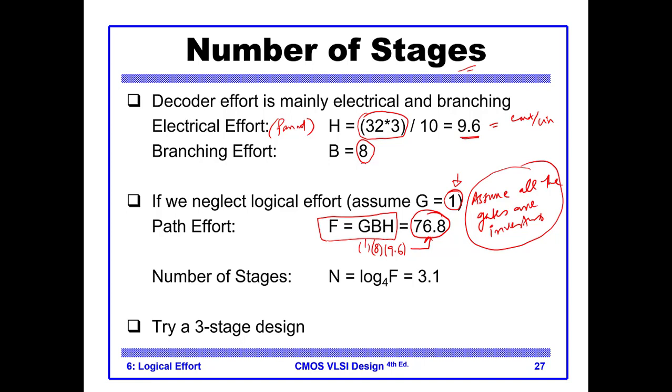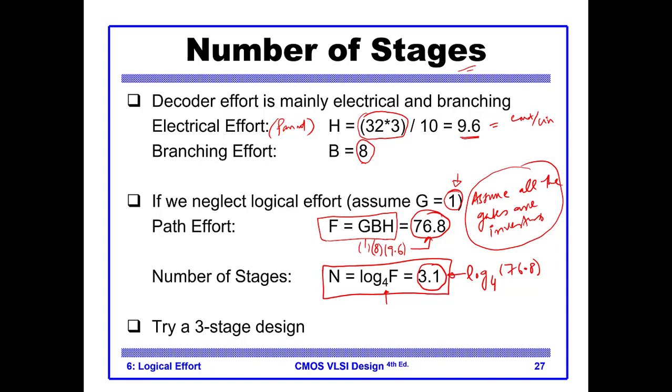So the number of stages is according to this formula. We already determined that the best number of stages is log 4 of F. So we say log 4 of 76.8, which is equal to 3.1.